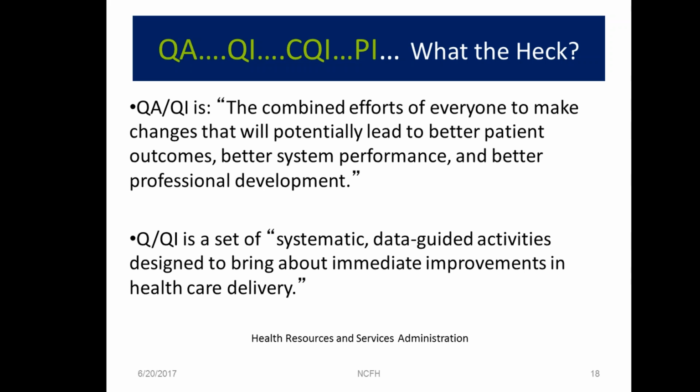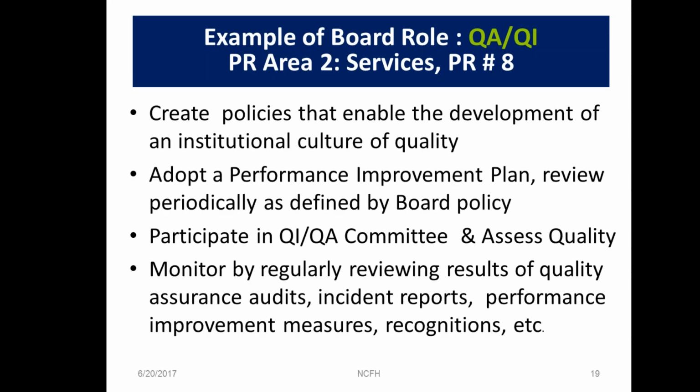So here's an example that we've prepared for you of the board's role in relation to quality assurance and quality improvement. And so we have selected program requirement number 8, which, by surprise, is quality assurance and quality improvement.